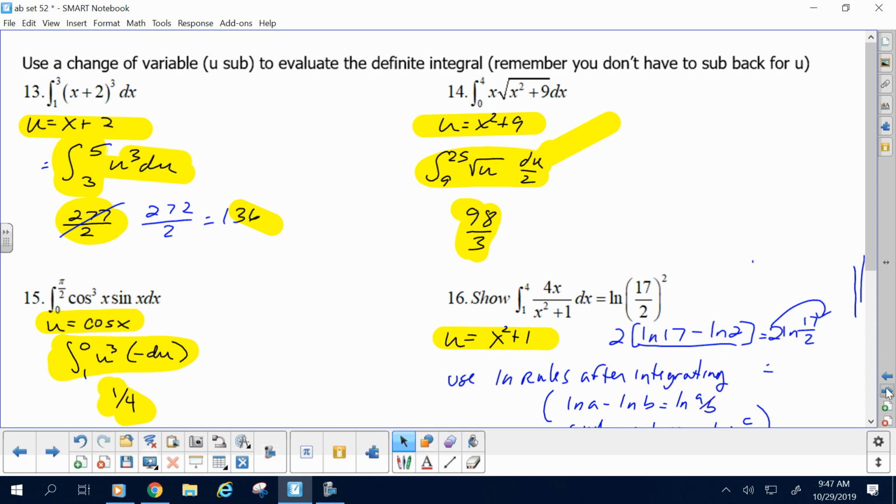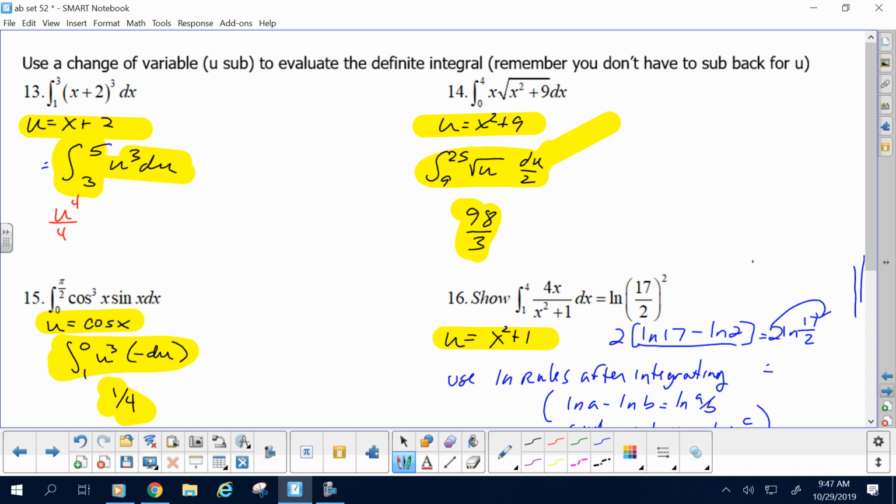No? Alrighty then. So it's u to the 4th over 4 from 3 to 5. That's 1/4 of 5 to the 4th minus 3 to the 4th. That's 1/4 of 625 minus 81. Right?